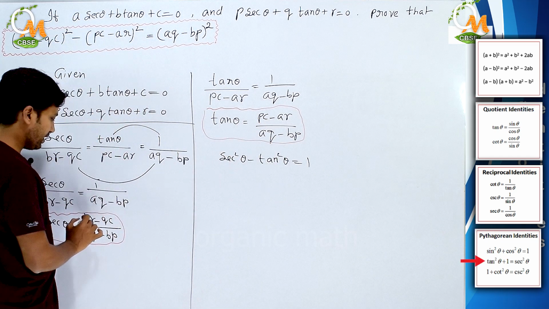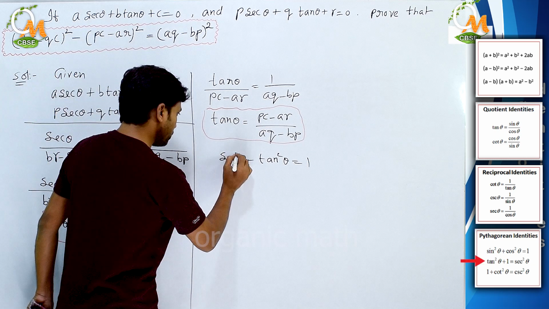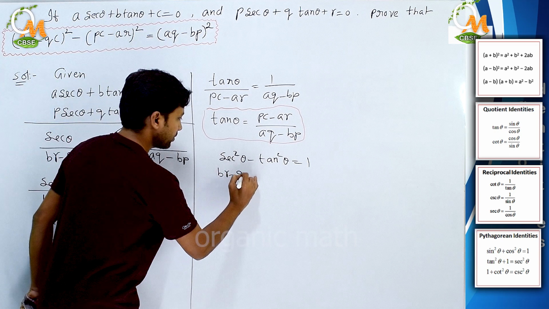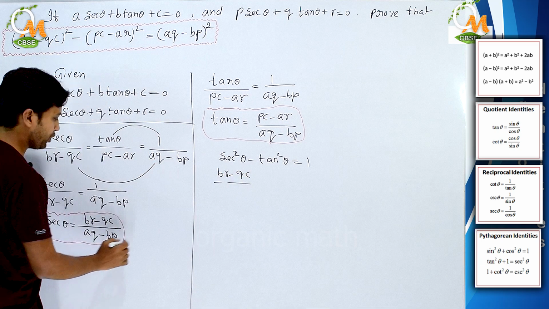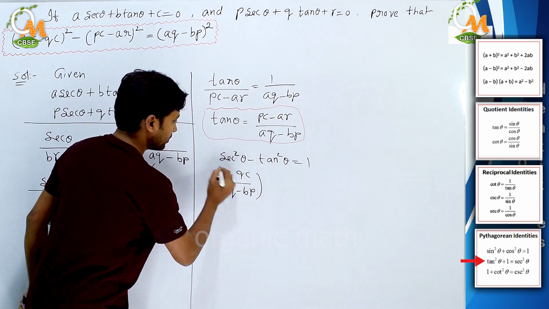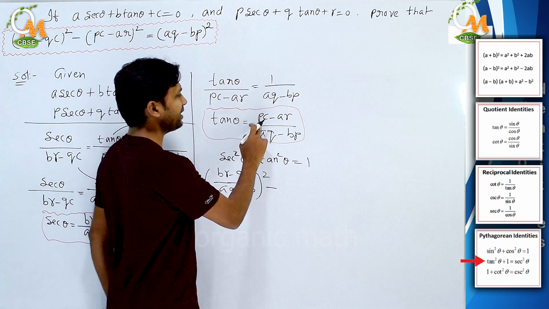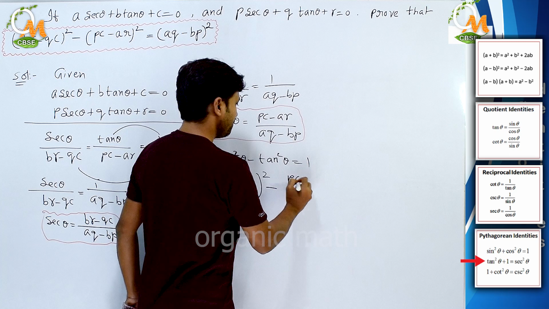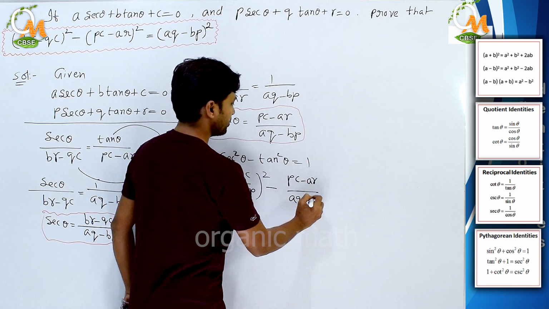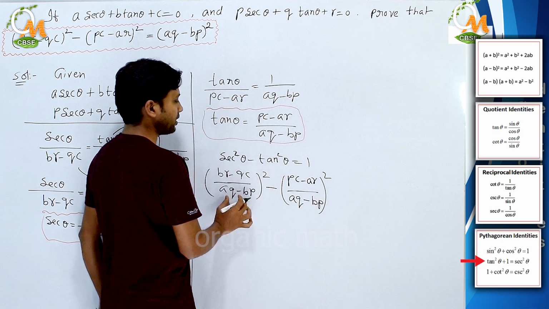Secant theta means BR minus QC by AQ minus BP, whole square, minus tan theta, which is PC minus AR by AQ minus BP, whole square, because tan square theta gets the square.